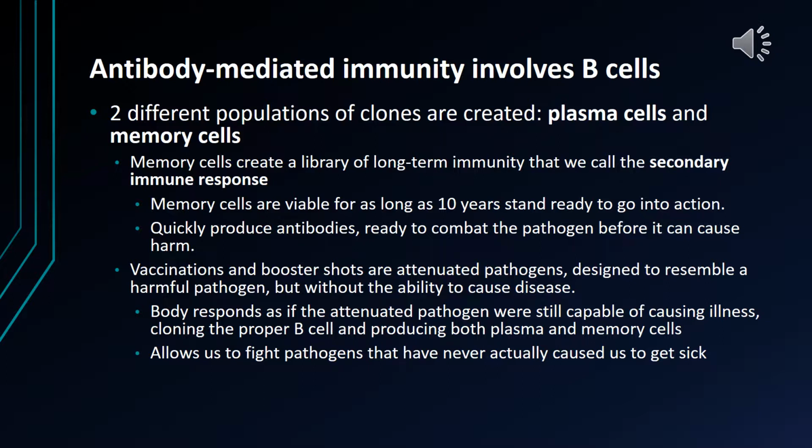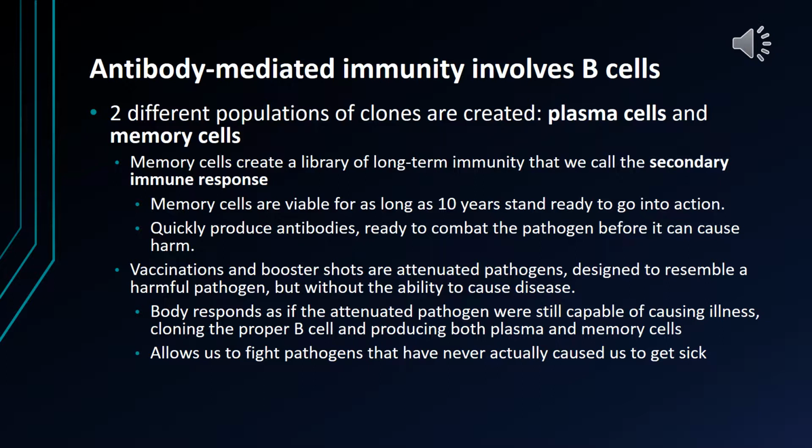Well, this is because we have memory cells, which are a type of B cell responsible for creating a library of long-term immunity that we call the secondary immune response. This secondary immune response reacts much more quickly to an antigen than the primary or first immune response. And these memory cells are actually viable for as long as 10 years and stand ready to go into action.